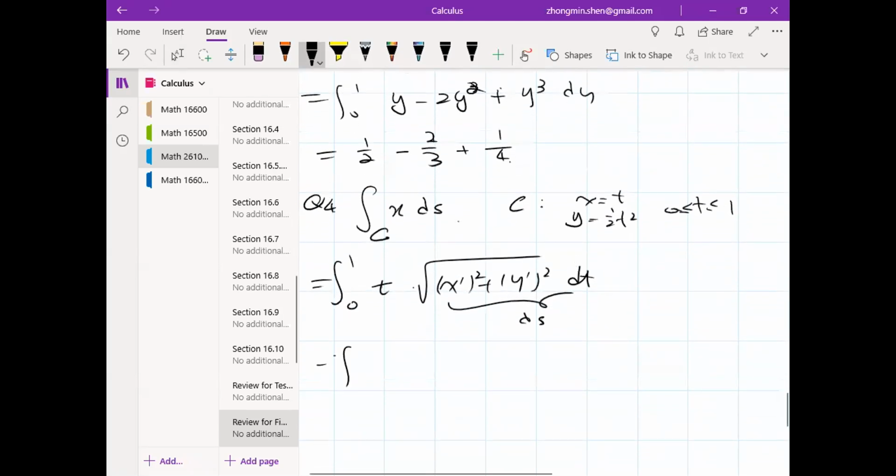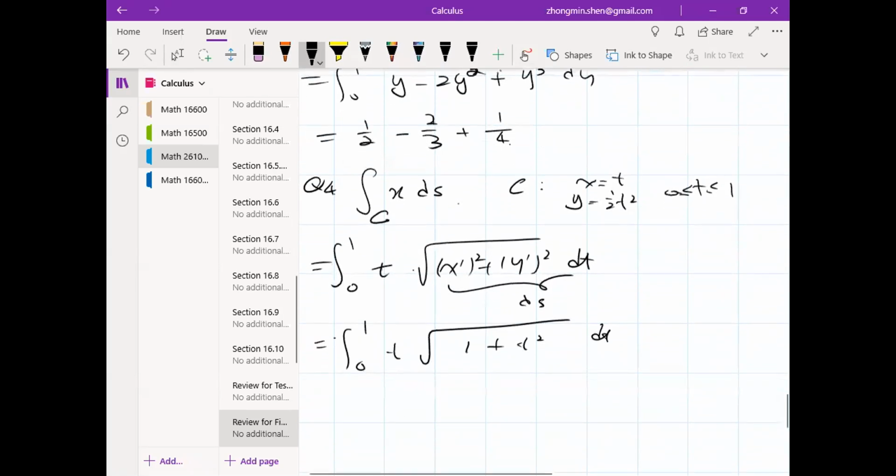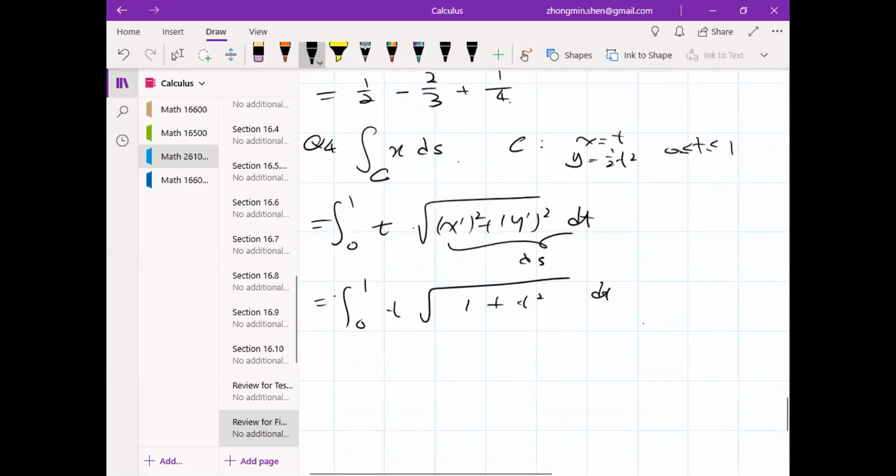Then the next step is to calculate. What is x prime? It's 1. What is y prime? It's t squared. Once you get that, you just use substitution. When t equals 0, u is 1. When t equals 1, u is going to 2. And du equals 2t dt.